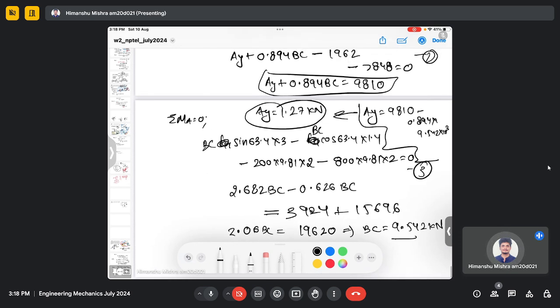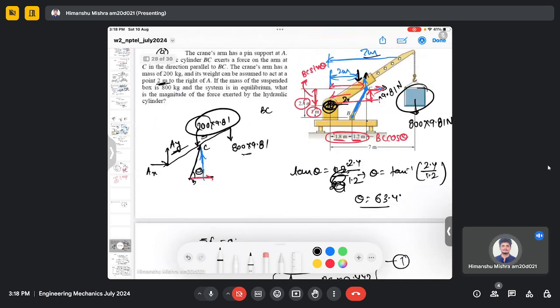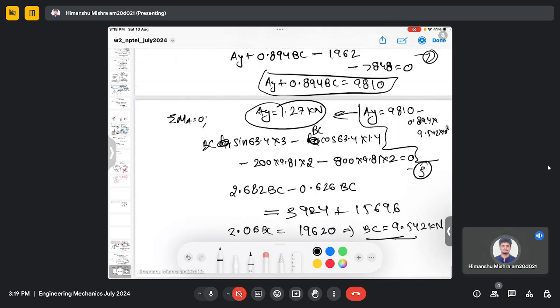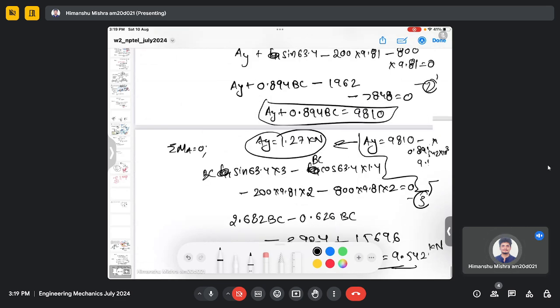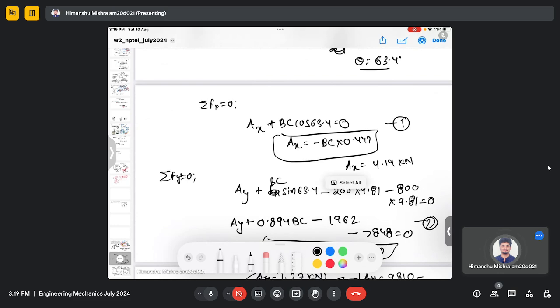So in the end, we don't need to find these reaction forces because the question asks us to find the force in the cylinder, but nevertheless we first find the force in the cylinder BC and then the reactions AY and AX by using the equilibrium equations.